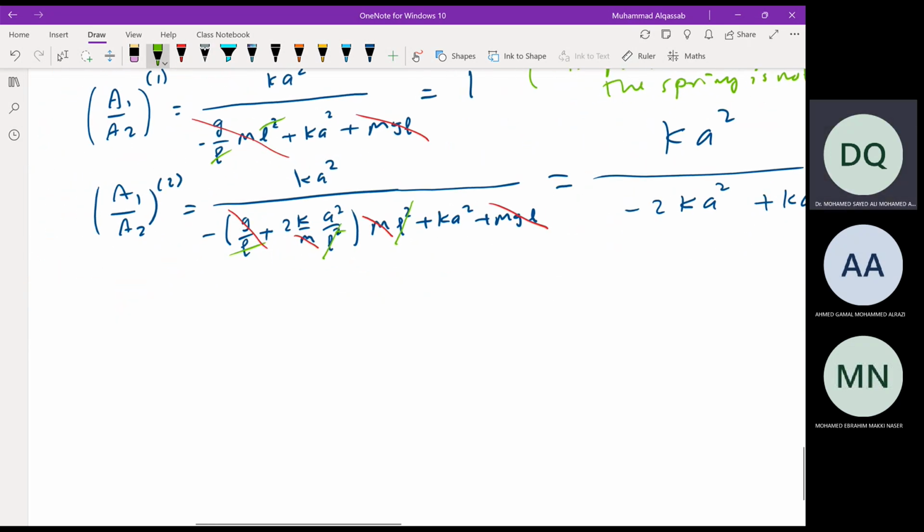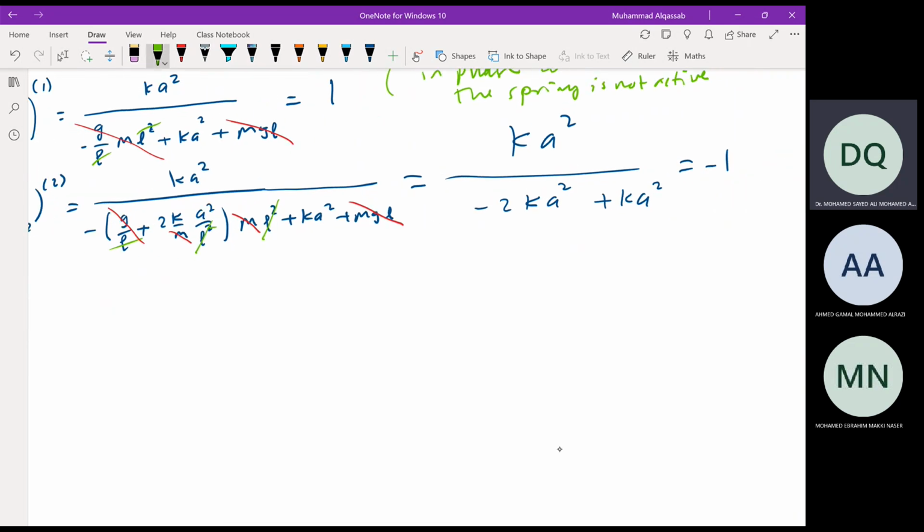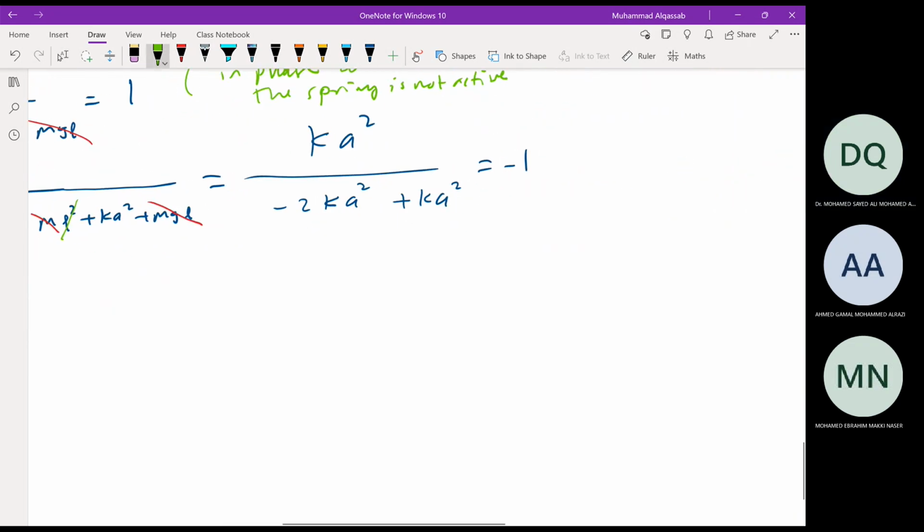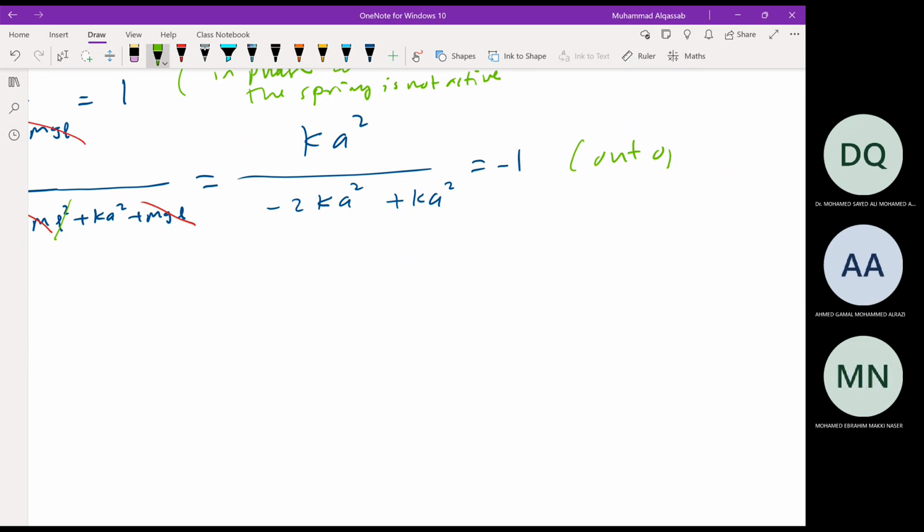For the second mode, we have A1 over A2 equal to minus 1. This is out of phase, and A1 equals minus A2. The spring will have a node in the middle.